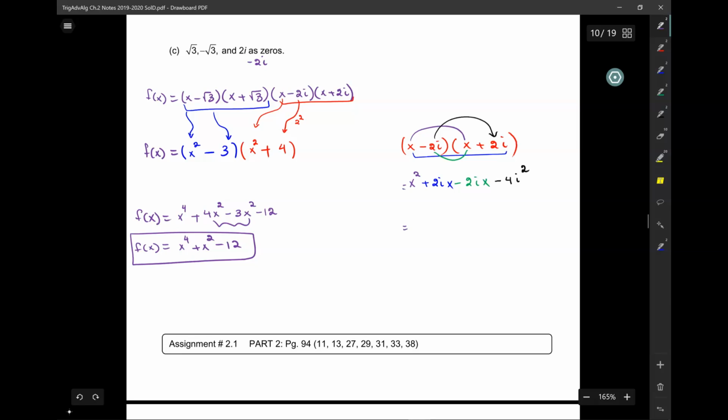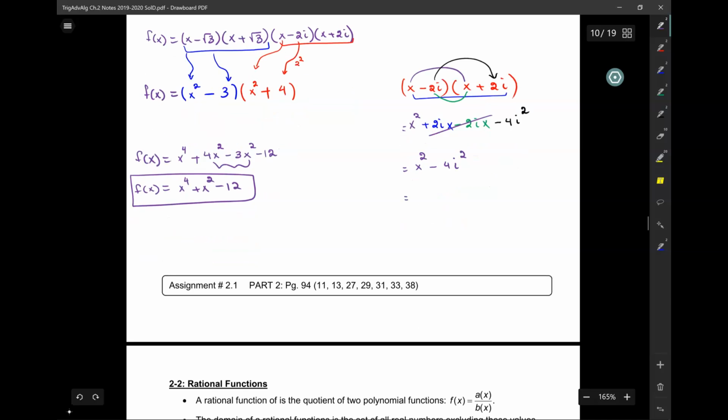So, x squared, what happens to the green and the blue? Go away. Now I have negative 4i squared, right? So, okay, we got a negative. So how come it switches to positive? Well, let's see. This is x squared minus 4 times, what's i squared?